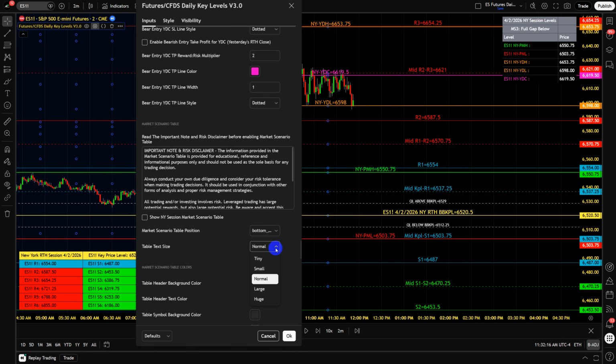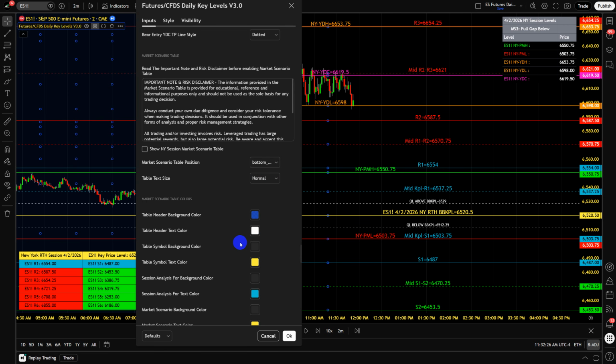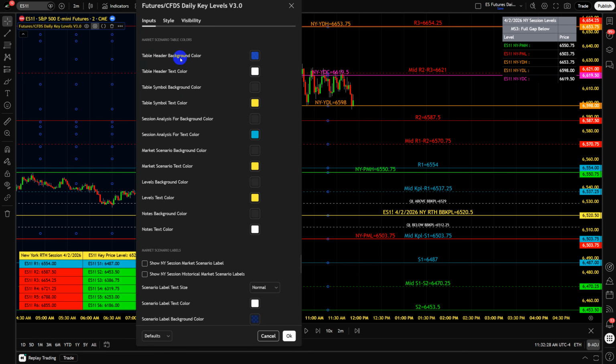This table is fairly large, as you'll see here in a second, so we'd recommend that you use it on either normal or small. You can also change the background colors, text colors, etc. comprised in this table, which you'll see when we go over that section.